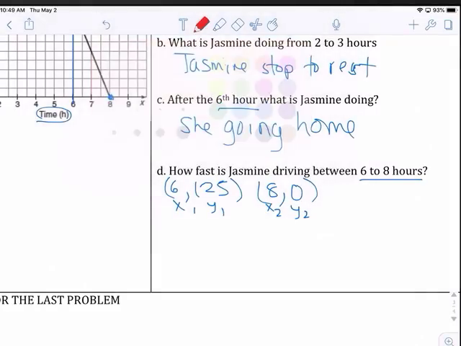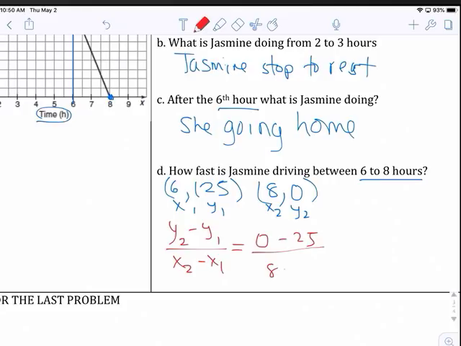Speed, rate of change, slope all mean the same. y sub 2 minus y sub 1 over x sub 2 minus x sub 1. 0 minus 125 over 8 minus 6. So that's negative 125 over 2.